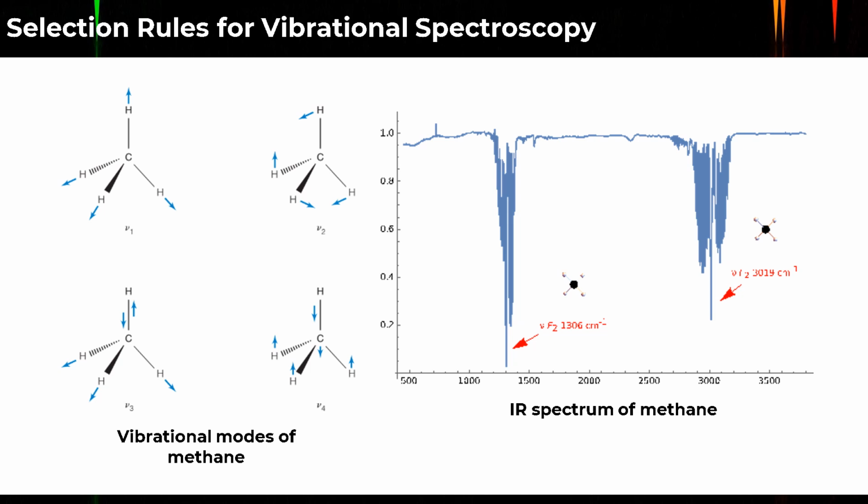Given the spectrum here, we can identify that at 1306 and 3019 reciprocal centimeters, there are strong peaks of carbon to hydrogen bending and carbon to hydrogen stretching, respectively. Notice also that bending modes are in the lower wave numbers as they are less stiff than stretching modes that are in higher wave numbers.